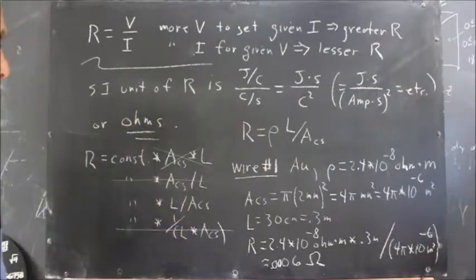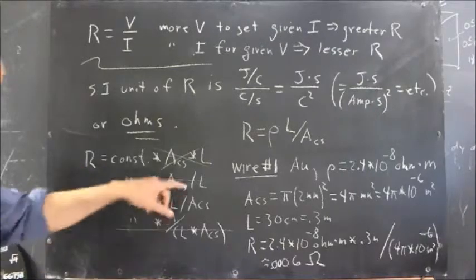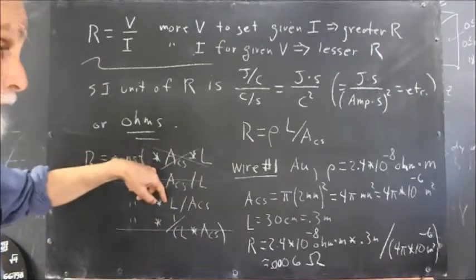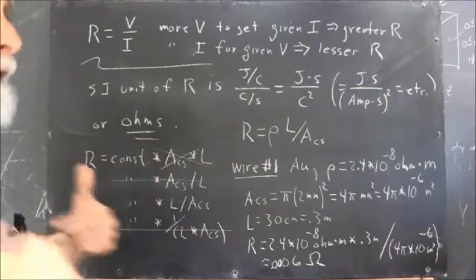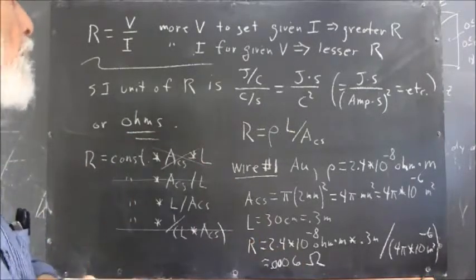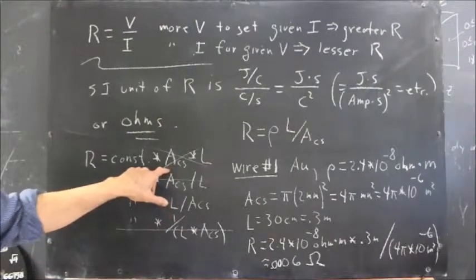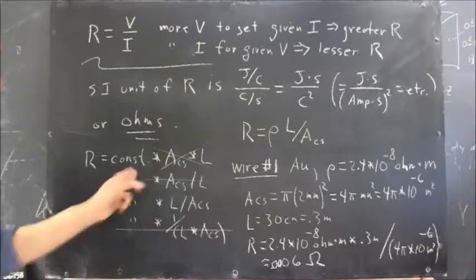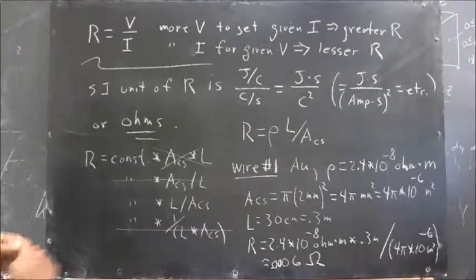Which one of these makes the most sense? Well, as we've seen, longer implies more resistance, so the length had better be in the numerator, which it is here and here. Greater cross-sectional area implies more current, which means less resistance. Well, then the cross-sectional area is not going to go in the numerator. It's got to go in the denominator, and that leaves us this choice here.